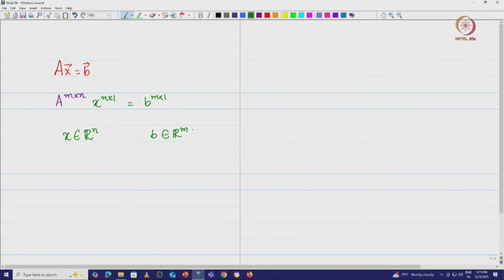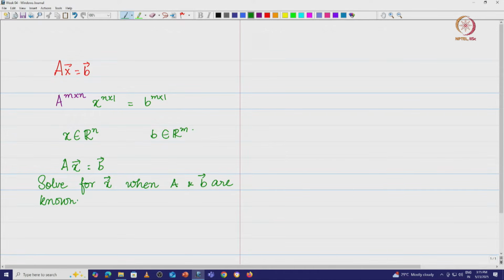Now what are we trying to do? Typically we would have seen, when we try to solve systems of equations, we would have looked at this as Ax is equal to b. And what do we mean by this? We want to solve for x, when A and b are known.